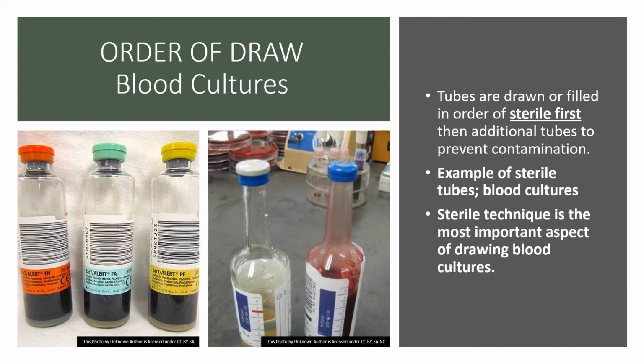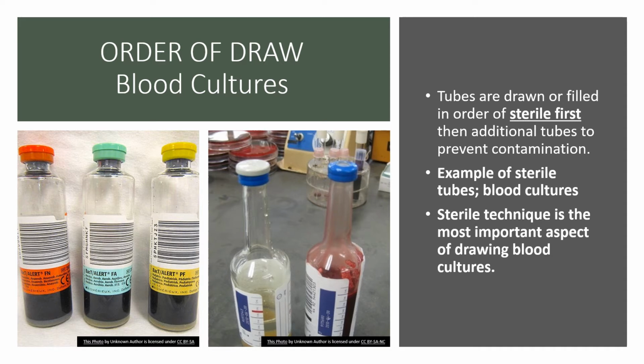So, in the order of draw, the first tubes that need to be drawn, like we saw in that very first picture on our presentation, are our blood cultures, okay? In the order of sterile first, right? We're worried about sterile first.